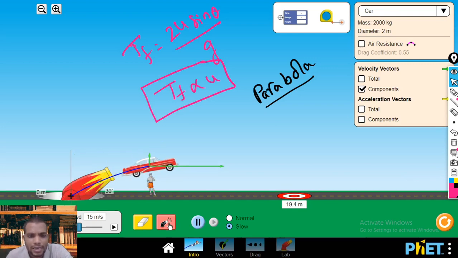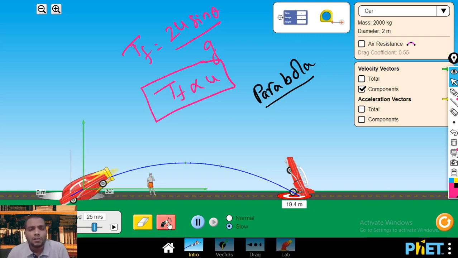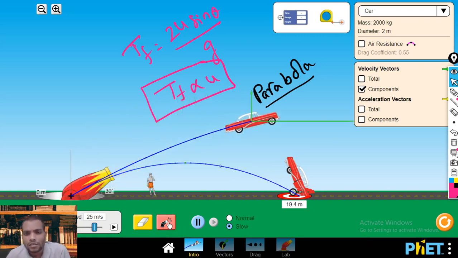If you launch a projectile, the time taken throughout its travel is known as time of flight. Now if I increase it to the maximum, 25, it takes a long distance because its initial velocity is more, and the time of flight is also more because time of flight is directly proportional to u, the initial velocity.